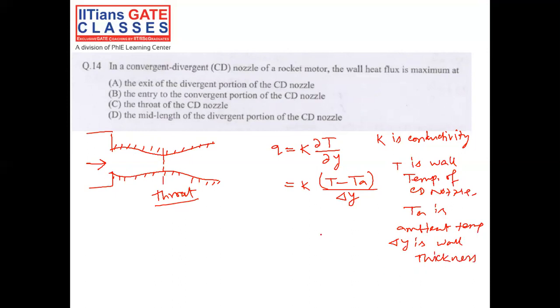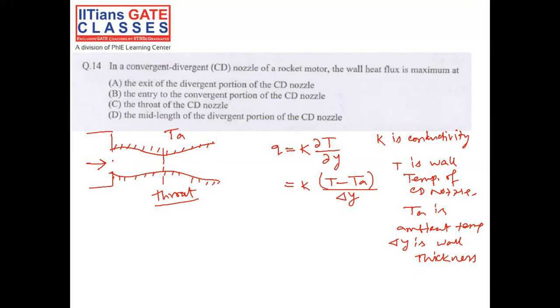Now, in case of CD nozzle, when the flow enters the nozzle, it is at very high temperature. So at the entry of the nozzle, the wall temperature is maximum. So T at the entry is highest, and TA is basically the ambient temperature, which is constant.